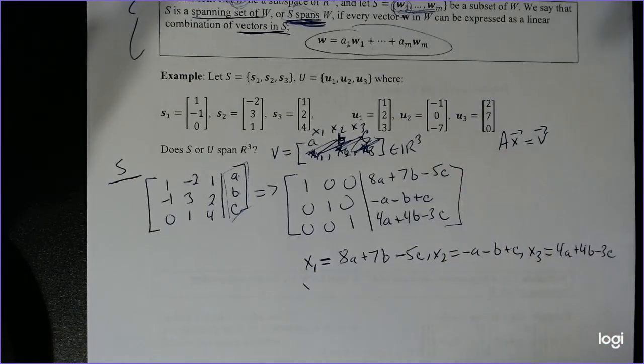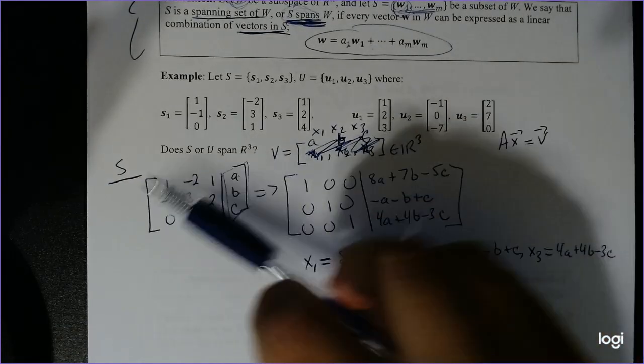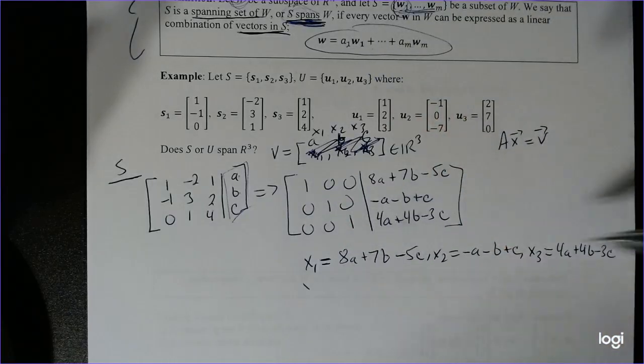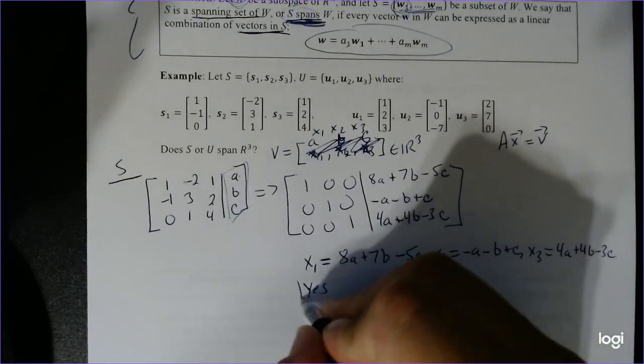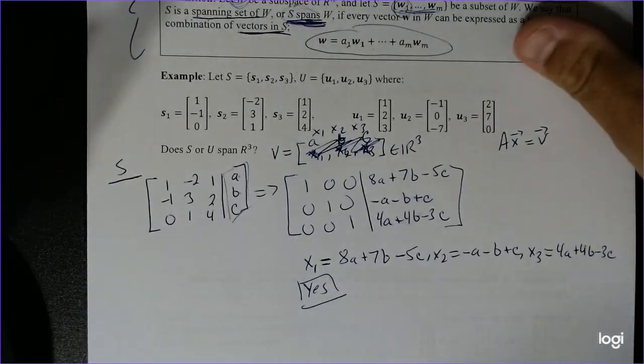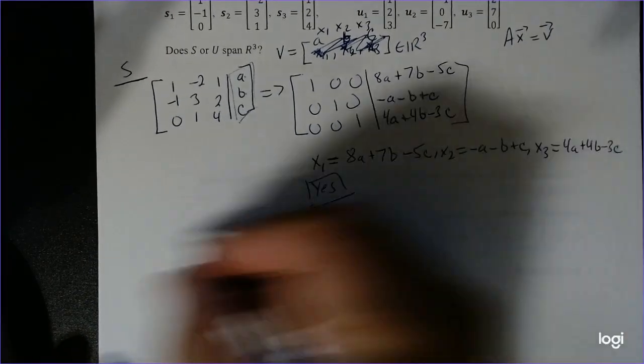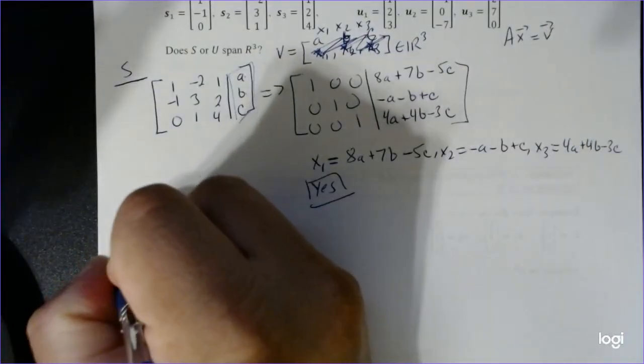So it does actually work. The entire vector v is a linear combination of x1, x2, and x3. So yes, it does work. All we have to do now is show whether U does the same thing or not.